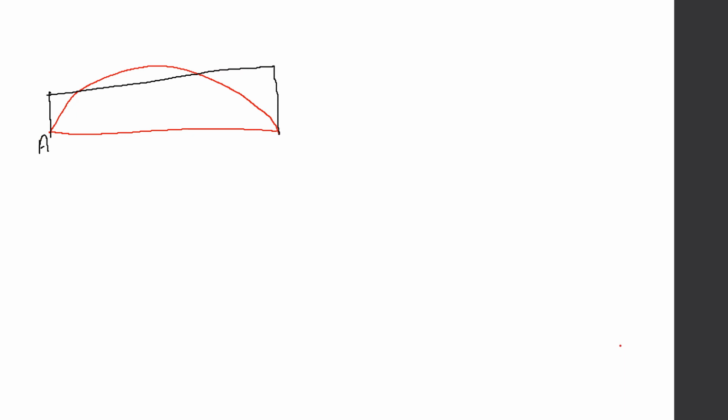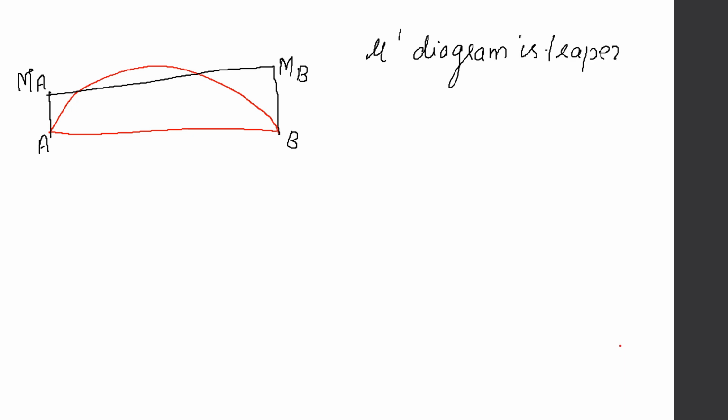So this is A and this is B. So this is the moment at A and this is the moment at B. So the shape of the mu dash diagram is trapezoidal. So if it is trapezoidal, we can divide this into two triangles.